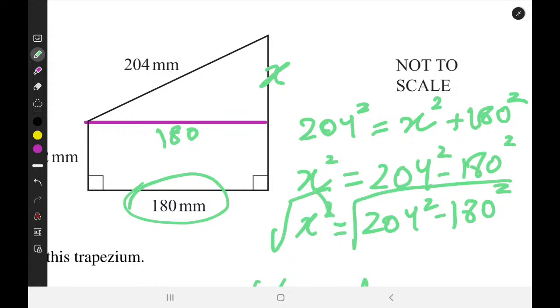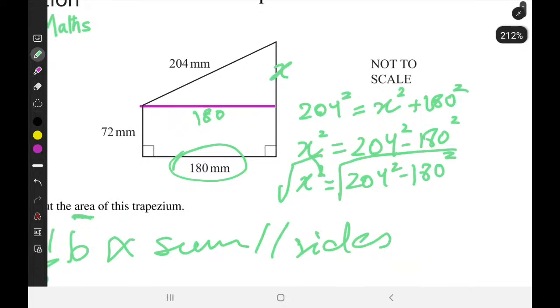Now let me check the answer in the calculator and I'll let you know. Under root 204 bracket square minus 180 bracket square. The answer is 96, a very precise answer. This side is 96.